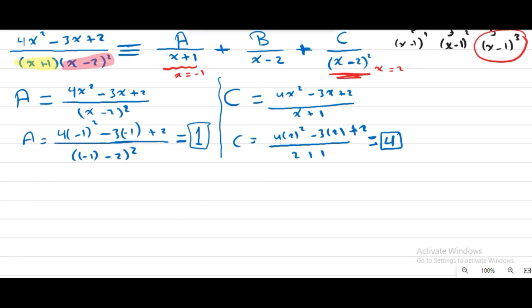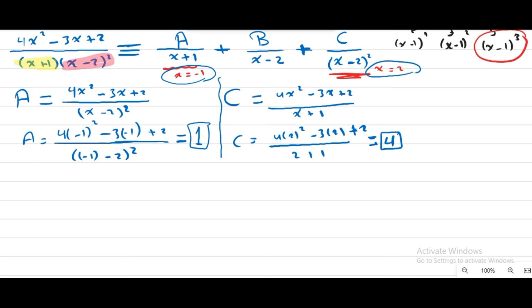How do we use this method? We can choose any value for x, but different from these values, and it's better to choose 0. If 0 is not one of these values, you can choose 0.